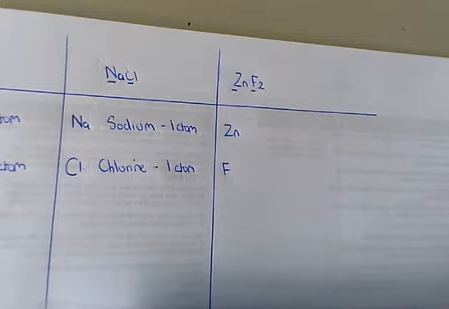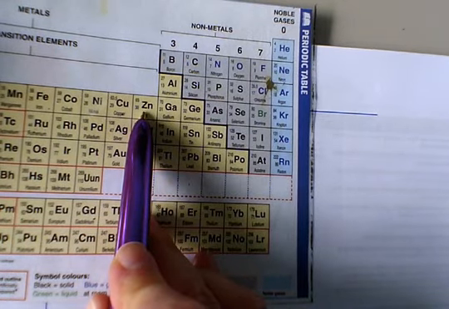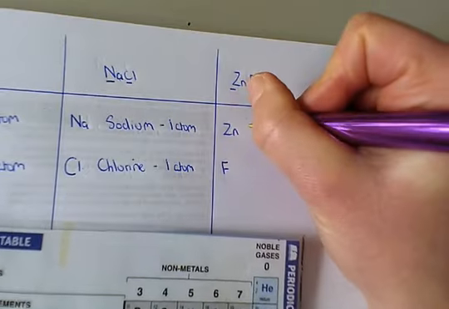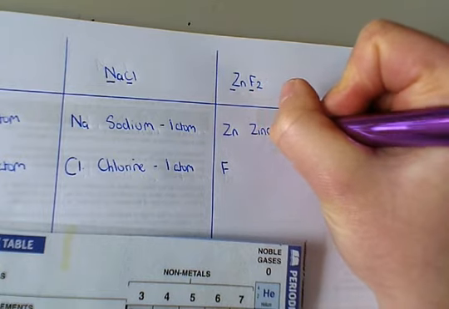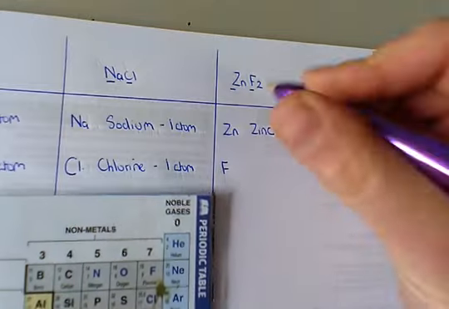I'm going to go to my periodic table to identify these elements. So capital Z and lowercase n is here, and that represents zinc. And then capital F represents fluorine.